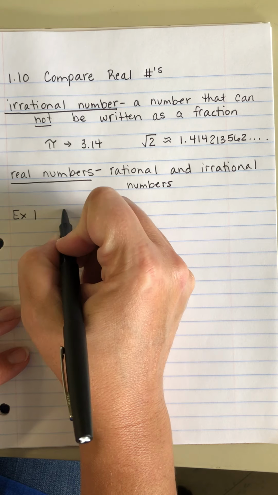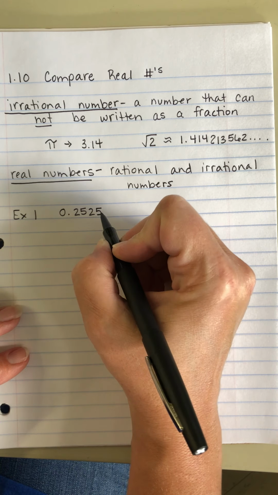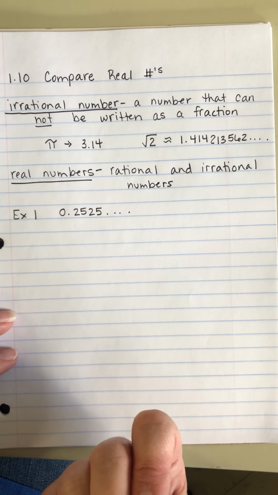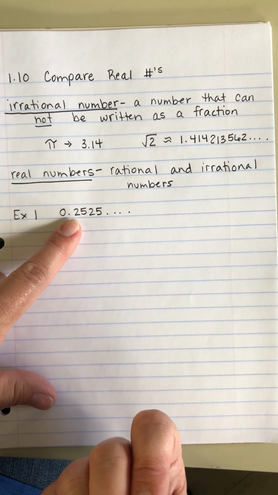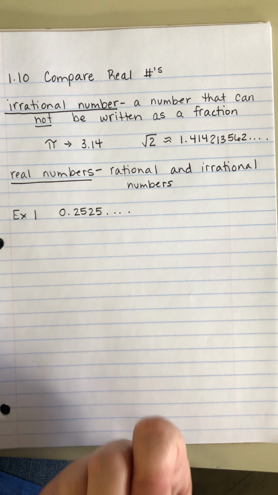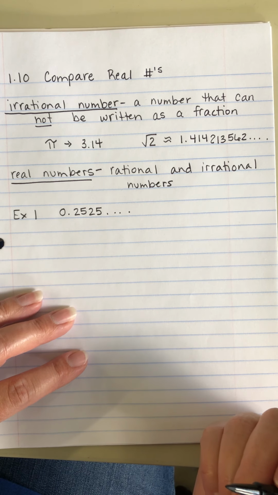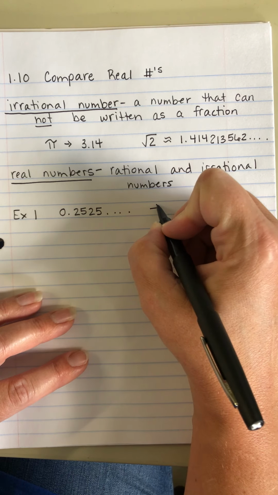Example number 1 is 0.2525... Okay, I see a pattern here. That is a repeating decimal. So because it has a pattern, it's not considered irrational. It would fall under rational number.